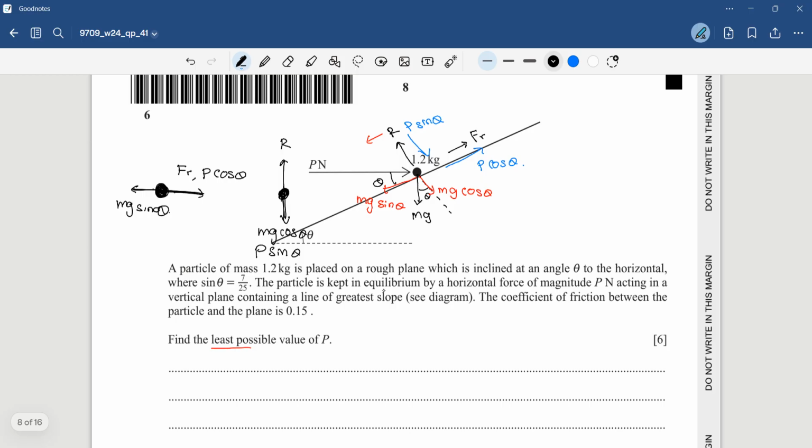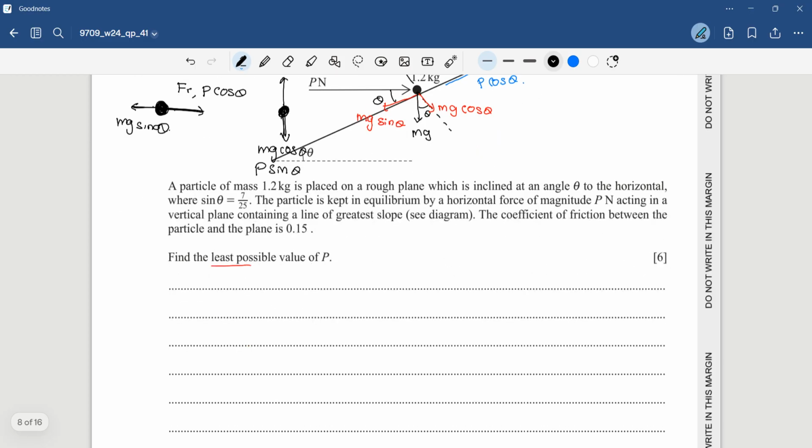Okay, so since the object's in equilibrium, we can say F equal to ma for the horizontal, where a equal to 0, so net force equal to 0, which means mg sine theta is equivalent to Fr plus P cos theta.